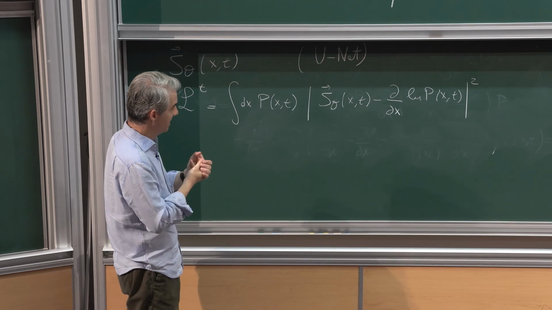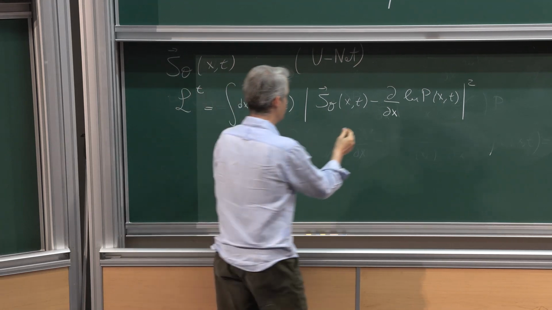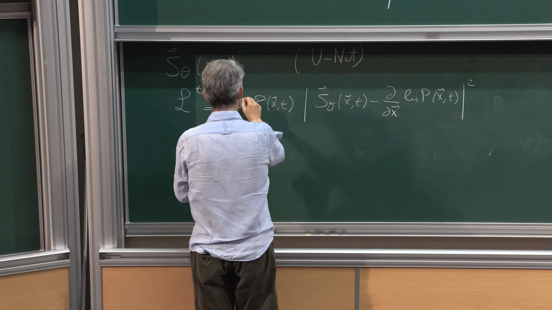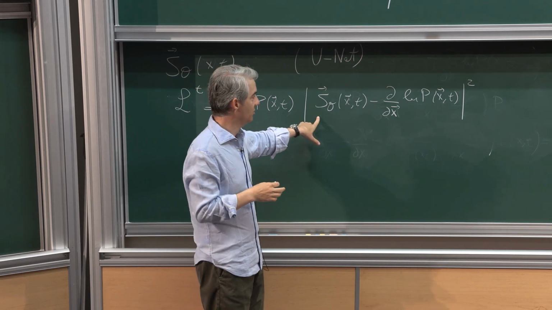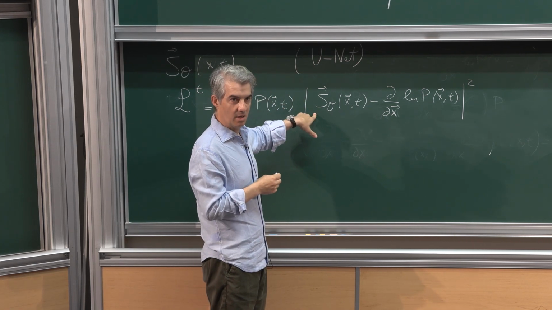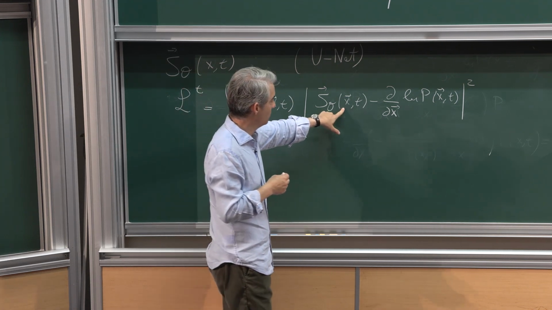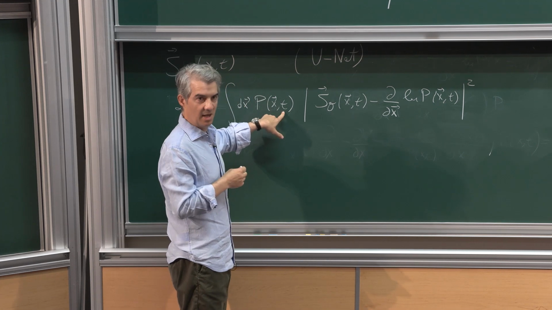So let's discuss a little bit why this one. First, it's just like a regression problem. You have a function that you want to learn, and then you just minimize the square of the difference. The important thing is that you integrate over x with p(x,t).